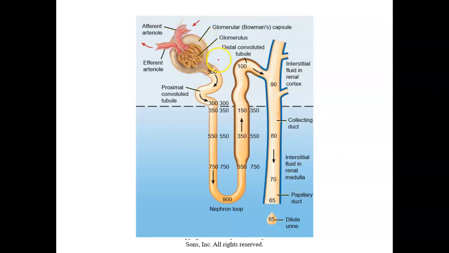So when we look at this number here, 300, 350, 550, 750, 950, you absolutely do not need to measure or memorize these numbers, not at all. The whole point is the concentration. Even if at the end of the line the urine is super dilute, meaning it has very few particles in it outside of water, it wasn't formed that dilute.